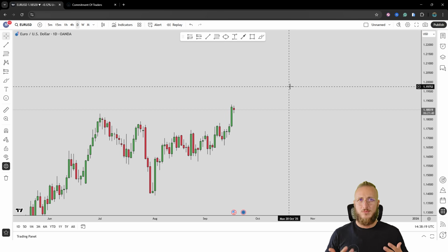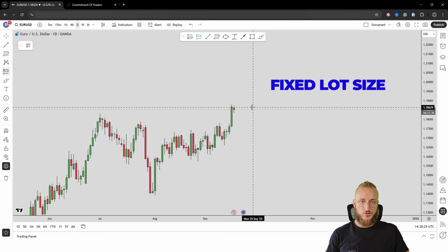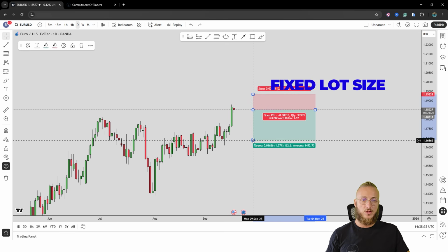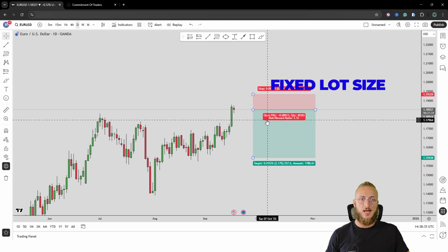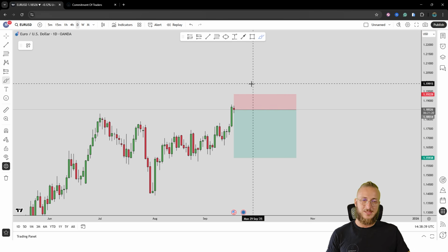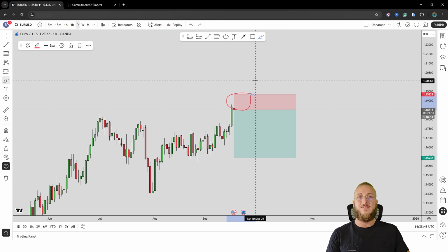And the third major mistake that many people have is they are just using fixed lot sizes. Now, I don't really recommend that. I recommend that when you're looking to trade, you already know in advance your risk per trade. So let's say I'm looking to short here your USD. I should calculate my lot size so that this distance here from the entry to my stop loss is the percentage that I already wanted to risk at the beginning.